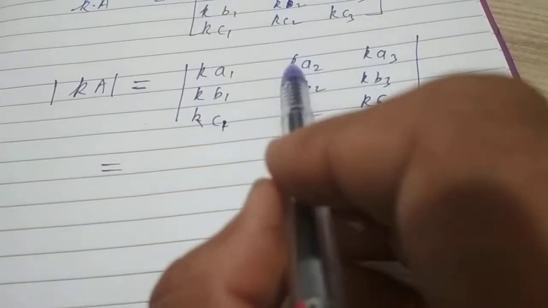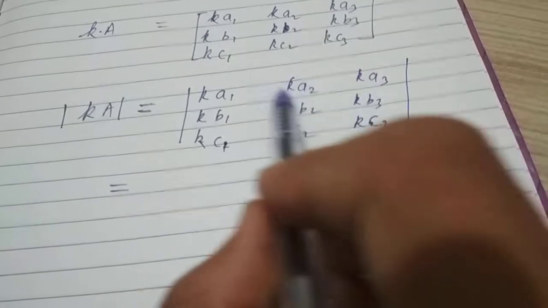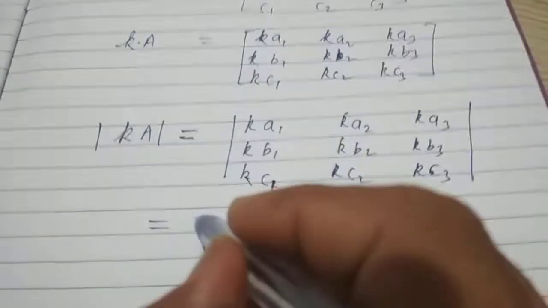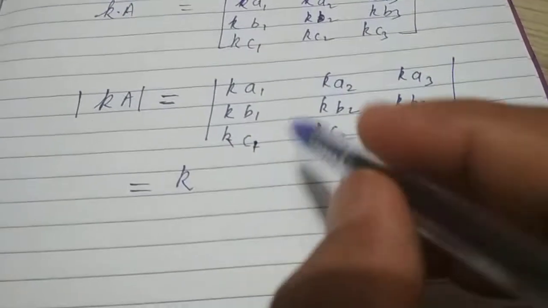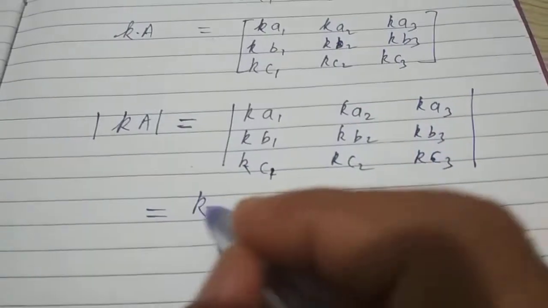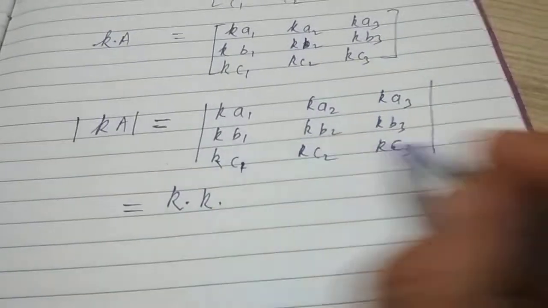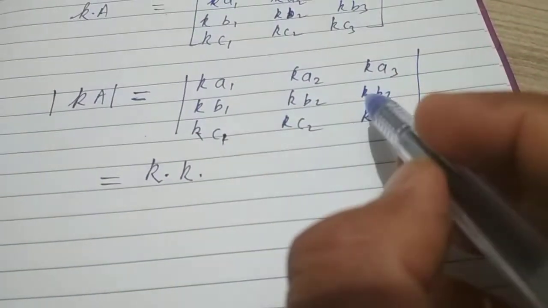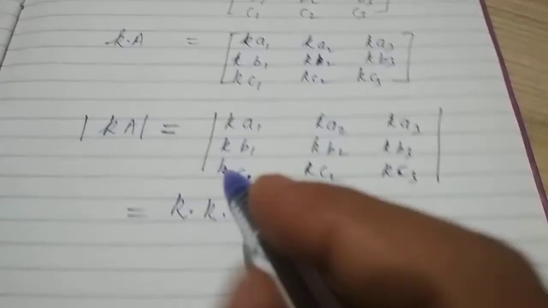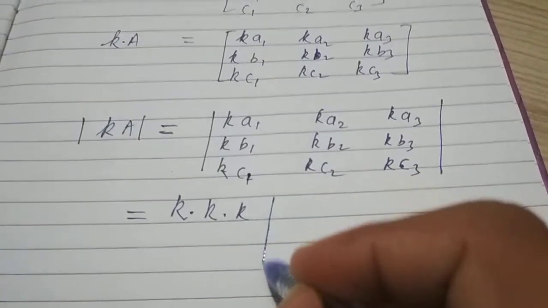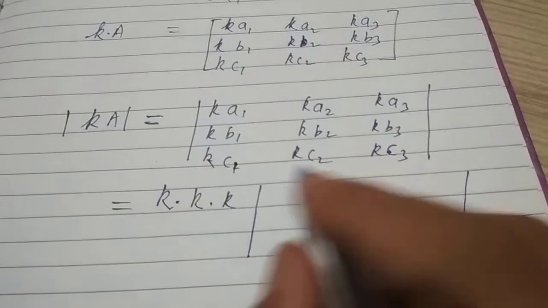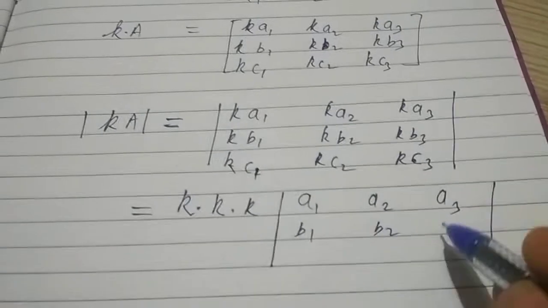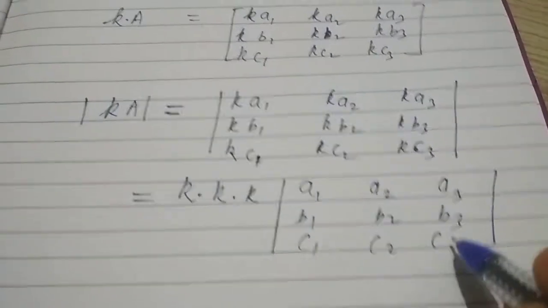If I divide the first row by k, that means I am taking out k common, so I have to multiply it outside by k. One more k from the second row, and another k from the third row. First row k, second row k, third row also I am taking out k common, and then I will get A1, A2, A3, B1, B2, B3, C1, C2, C3.